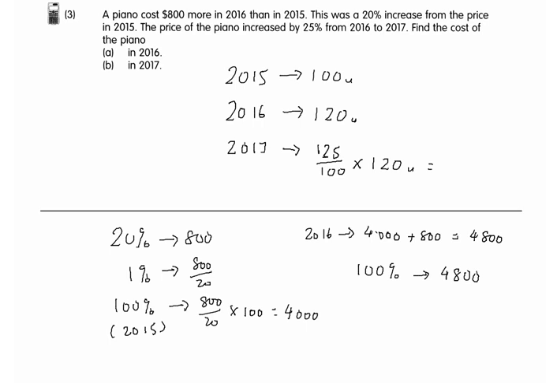Correct or wrong? Why is it that I don't want you to solve in terms of percentage? Because it will start to confuse you. You have 100% equals to 4,000. You have 100%, there's 4,800. So it will start to confuse you. That's why I want to introduce you to think about this whole question in terms of units. Do you understand what I'm trying to tell you? Yes, Clarence?